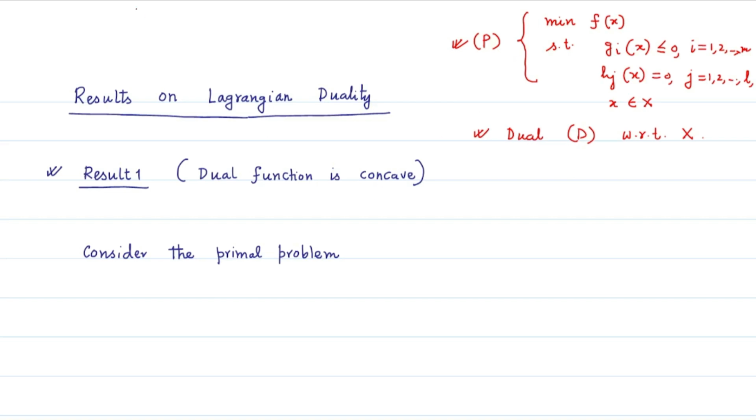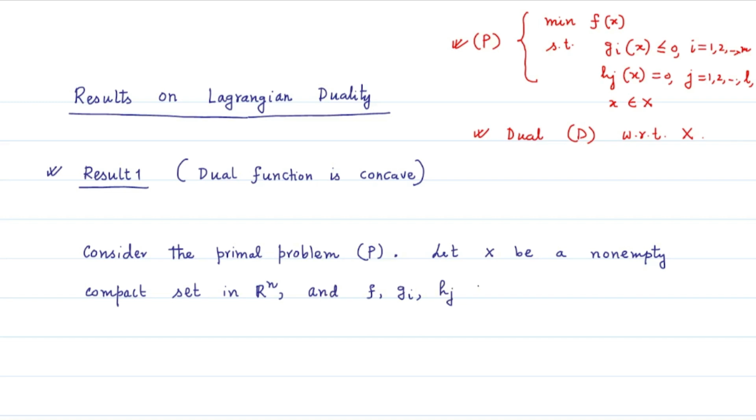Therefore, we consider the primal problem P, and in this result we assume that the set capital X is a non-empty compact set in R^n, and also assume that the functions f, all g_i's and all h_j's are continuous functions on the set capital X for all i and for all j.